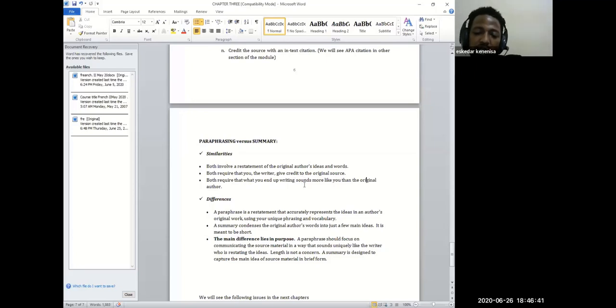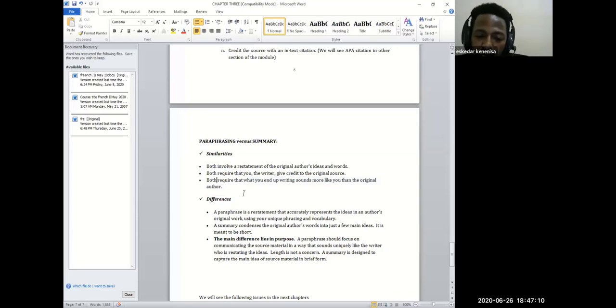Moreover, they are similar to yours because they are your words. This is their similarity. It looks like your own idea, but you differentiate it from your own idea in that you make citation. That citation indicates that it is not your own idea.